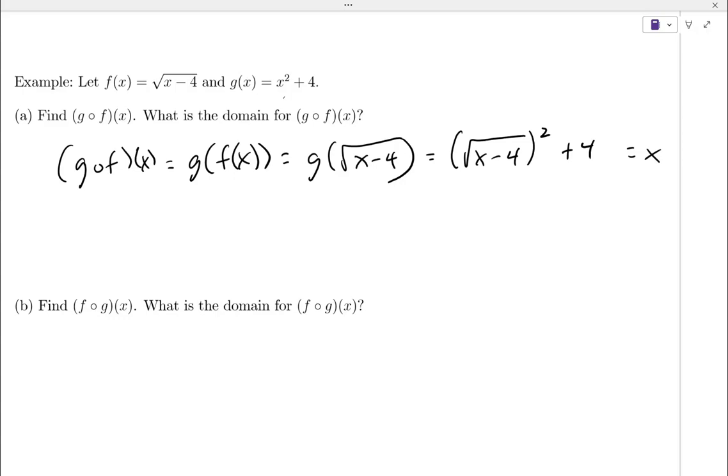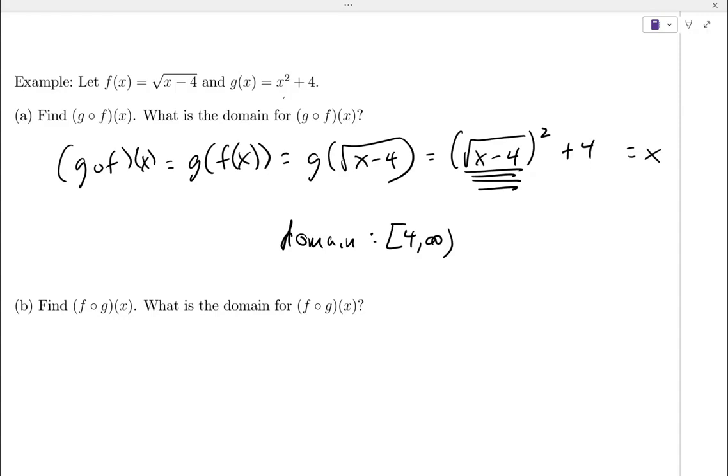Anything less than 4, right? I can't put in negatives. So even though after you simplify, it looks like the domain is all real numbers, from this part right here, the domain is everything 4 or greater. Okay, I have to be careful.